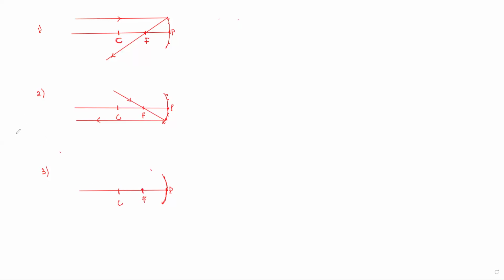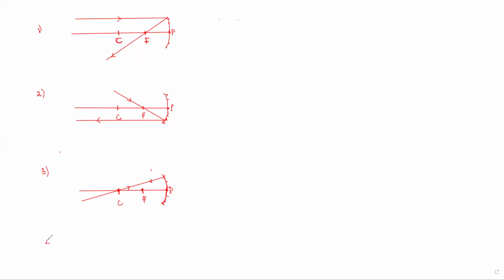A ray of light which is incident on the mirror at 90 degrees must pass through the center of curvature and then reflect along the same path. So incident, reflection. So when you see a ray of light passing through the center of curvature C, it means that the ray is hitting the mirror at an angle of 90 degrees from that direction.